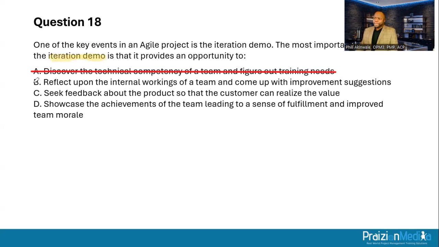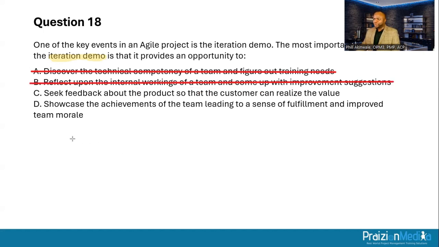And in the demo or sprint review, our goal is not to determine the technical competencies of a team. So that is incorrect. B, reflect upon the inner workings of a team and come up with improvement suggestions. This is not correct. This is what is done in a retrospective.